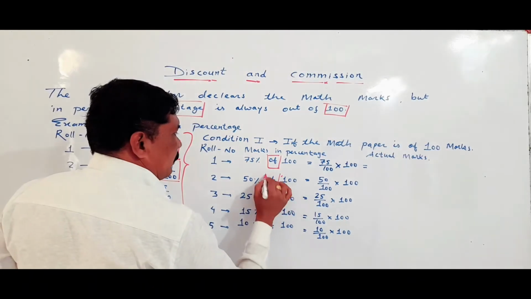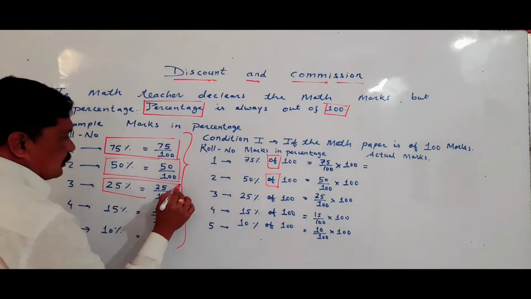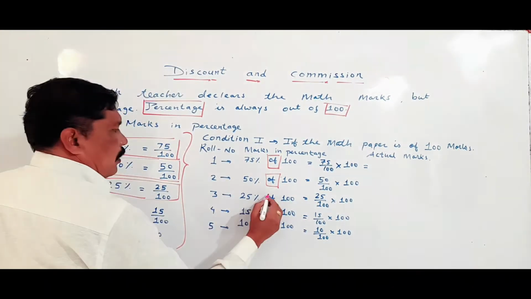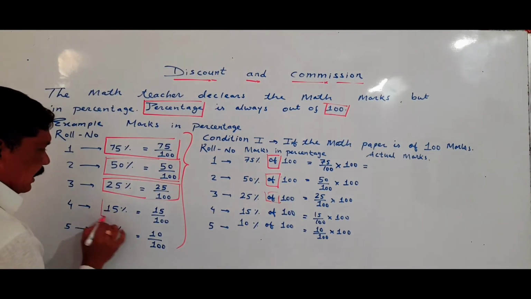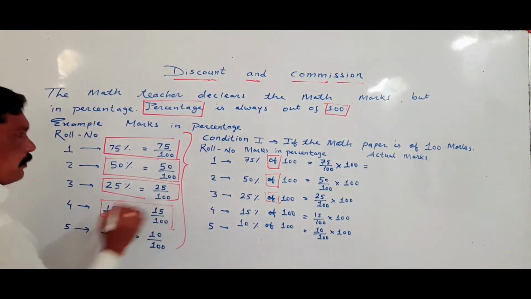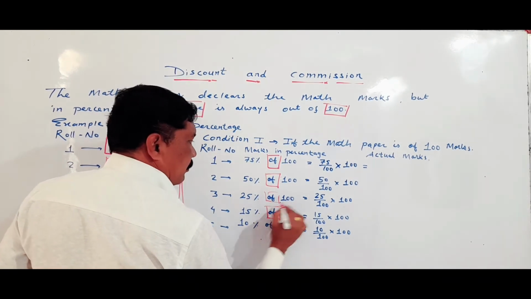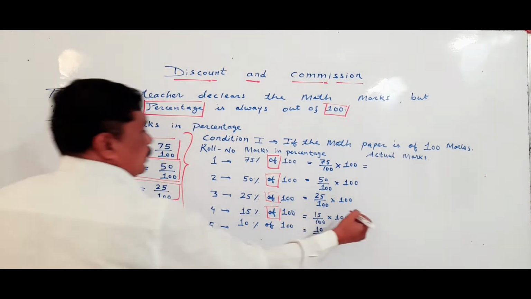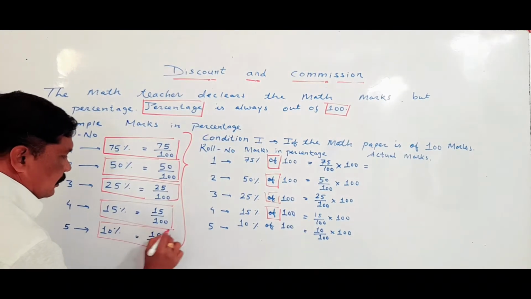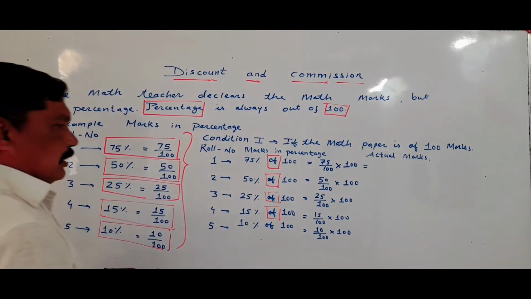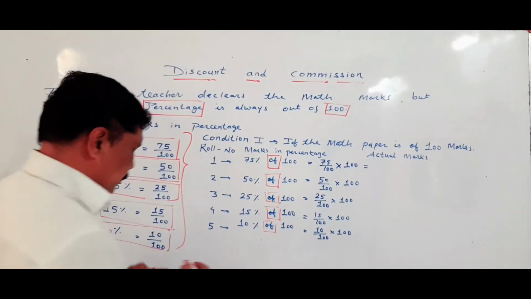Of means multiplication into 100. 25% can be written as 25 by 100. Of means multiplication, we have given the multiplication sign. 15% can be written as 15 by 100 and of means multiplication, so into 100 we have written. 10% means 10 by 100 and of means into 100 we have written.